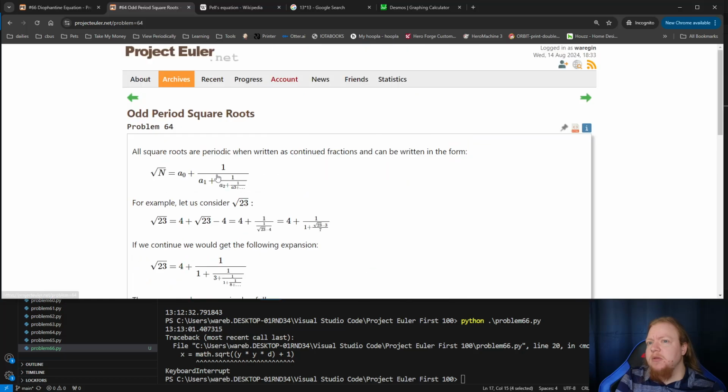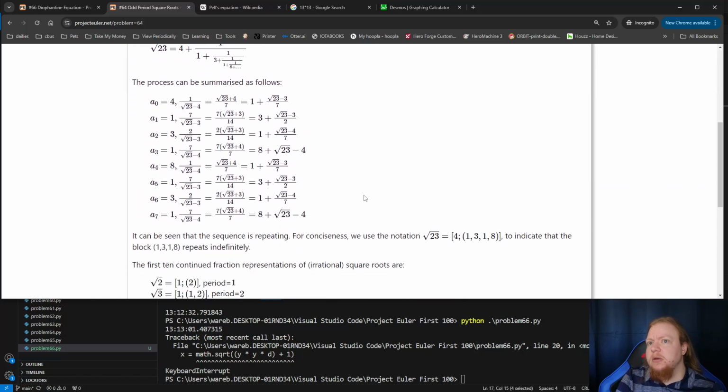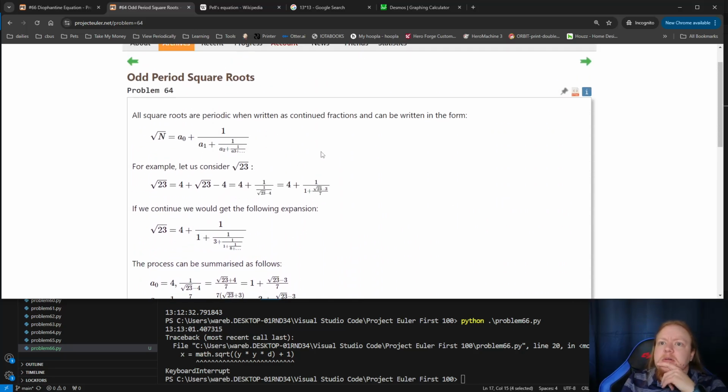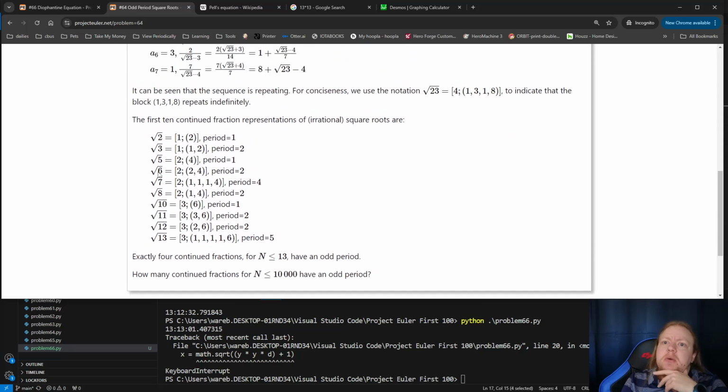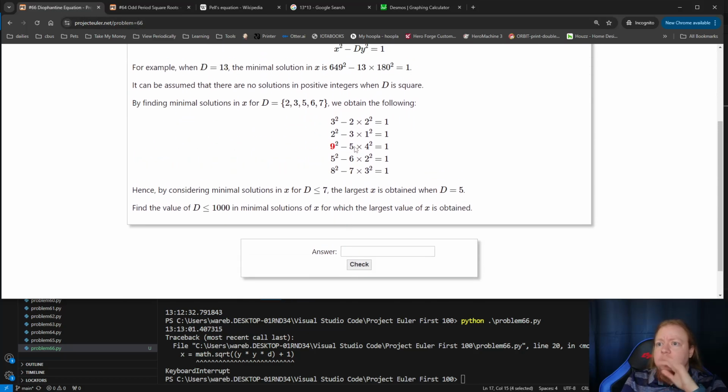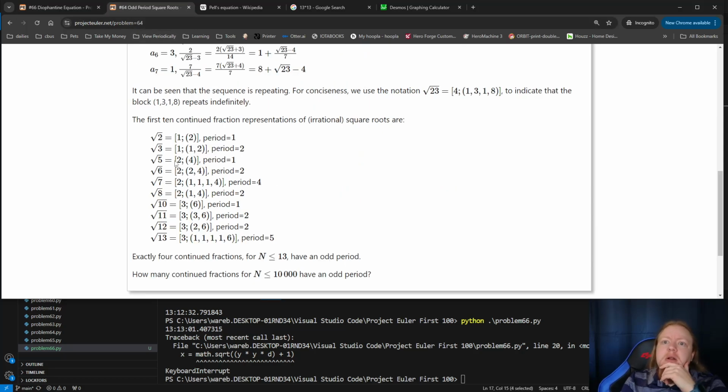This might be the best one to look at. Okay. So let's just look at the square root of 5 for a second. When d is 5, we want to get 9 and 4.